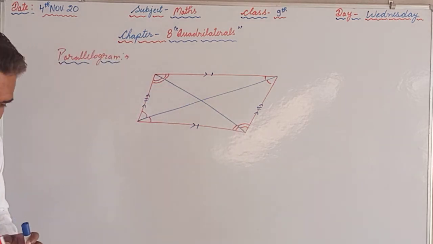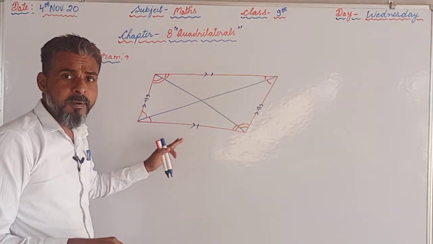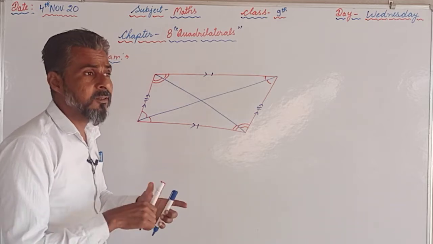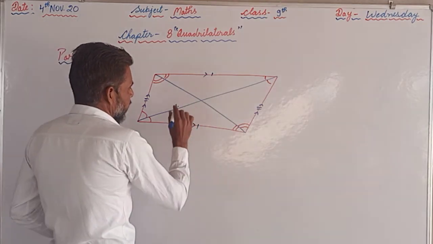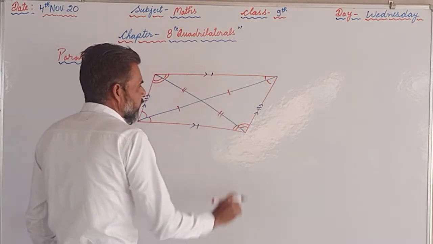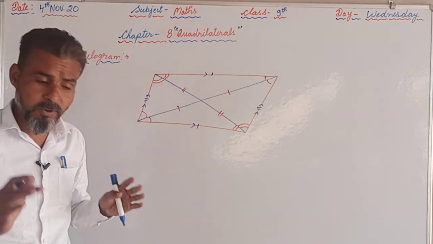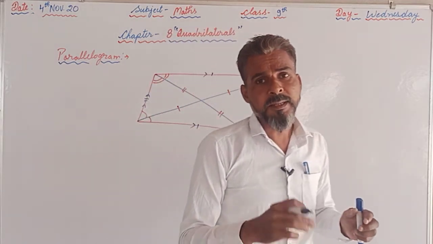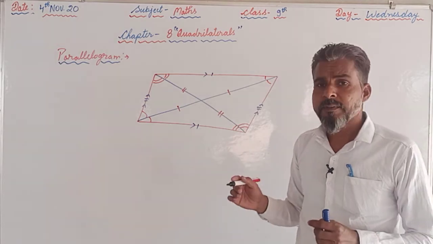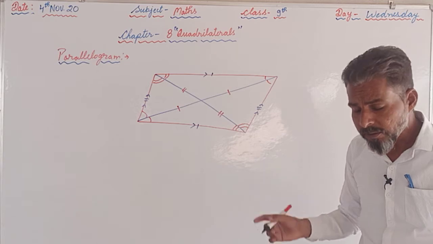So, diagonals bisect the opposite angles in the case of parallelogram. At the same time, diagonals bisect each other also, that this equals to this and this will be equals to this, and the diagonals in the parallelogram are not of the same length. In case of square and rectangle, the diagonals are of same length, but in the case of parallelogram, the length of the diagonals is not same.